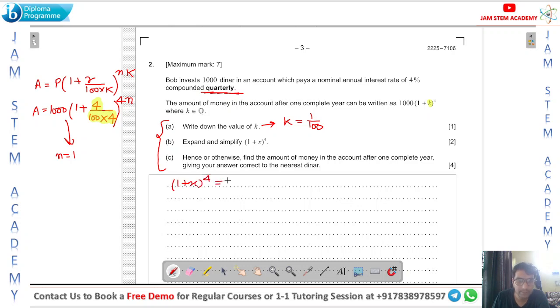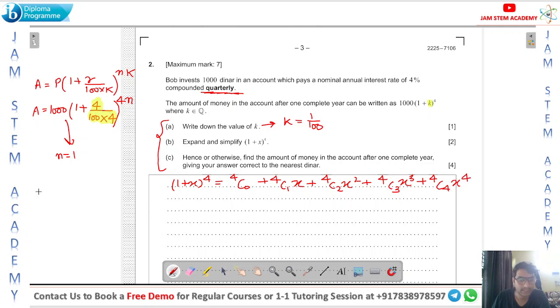Using the binomial expansion, and the formula is again given in your formula booklet, it comes out as 4c0 1 raised to the power 4 plus 4c1 1 raised to the power 3 times x plus 4c2 x squared plus 4c3 x cubed plus 4c4 x raised to the power 4.